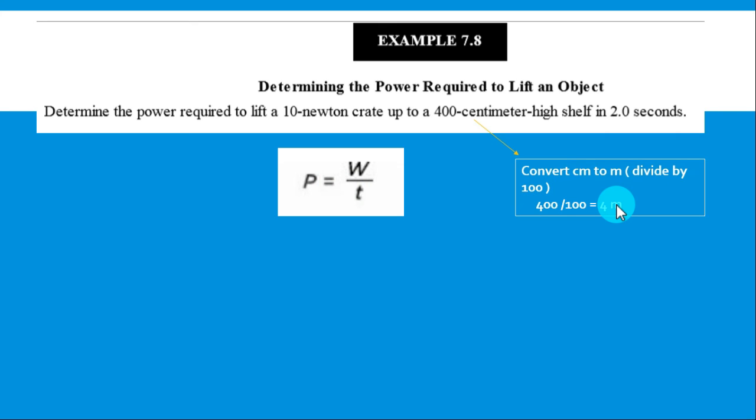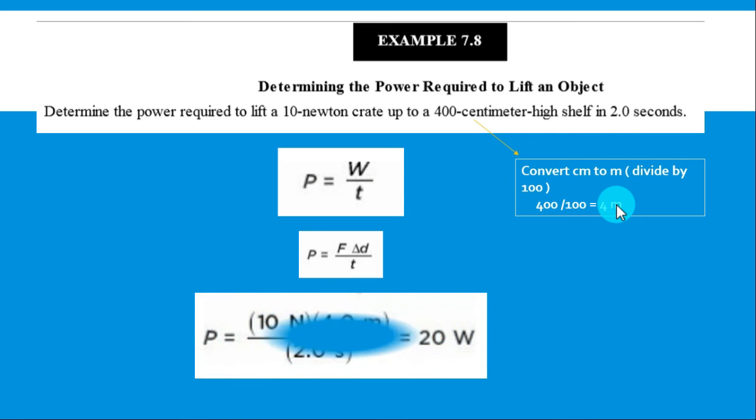We don't have work, so we need to find work first, then we find power. How? By using force times distance. I substitute now 10 times distance 4, remember to use the converted distance, over 2, and the answer is 20 watt. 20 watt or 20 joules per second. Okay?